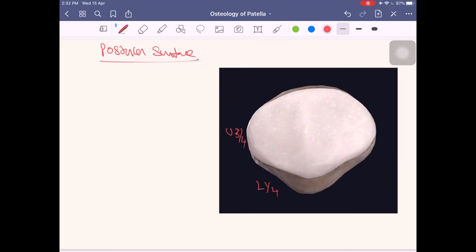The upper three-quarter area is smooth and articular, whereas your lower one-quarter area is actually rough like your anterior surface. Whenever it is rough, it will be non-articular.